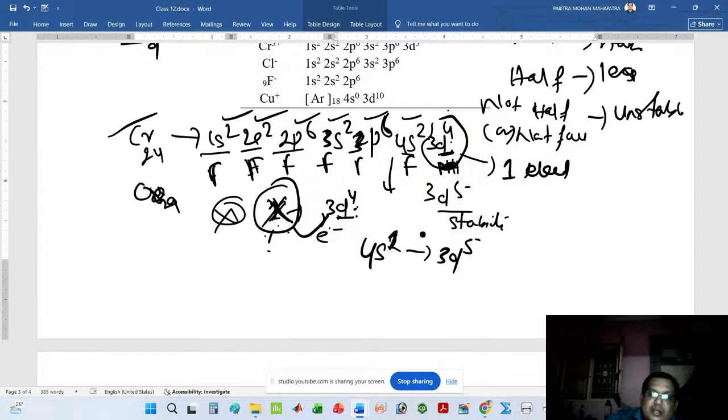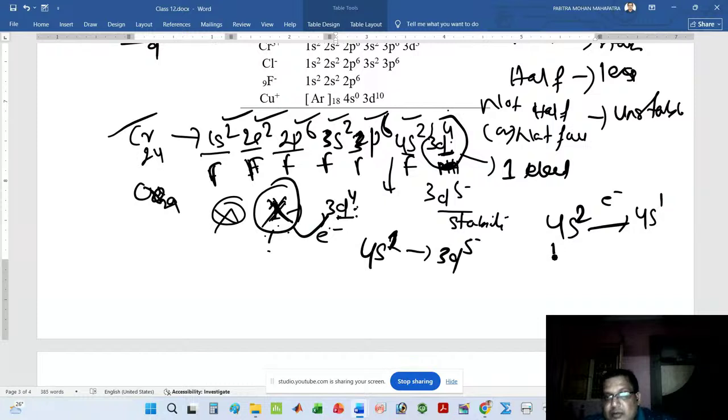After removing one electron from 4s2, it changes to 4s1. Look at that. This is your fulfill. This is your half fill. It is stable. It is less stable, but it is included in the stability list.